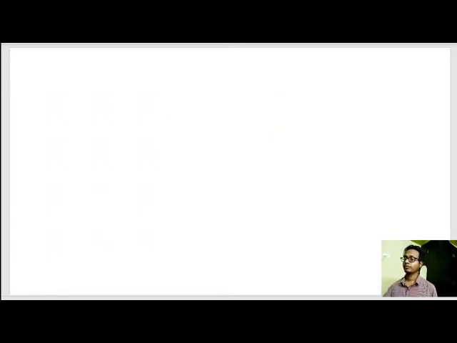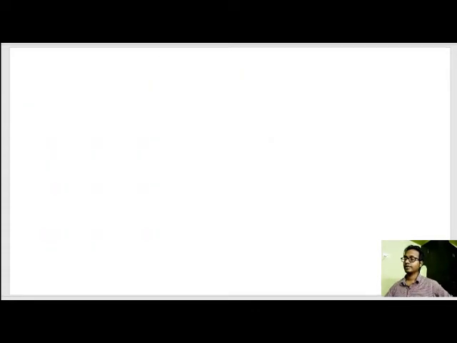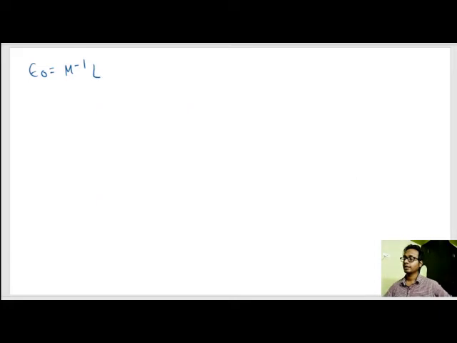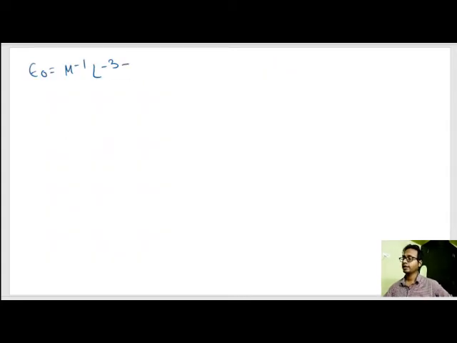We'll proceed in the next slide instead of drawing the line. Now let's see, epsilon naught was given by m to the power minus 1, L to the power minus 3, T to the power plus 4, A square.